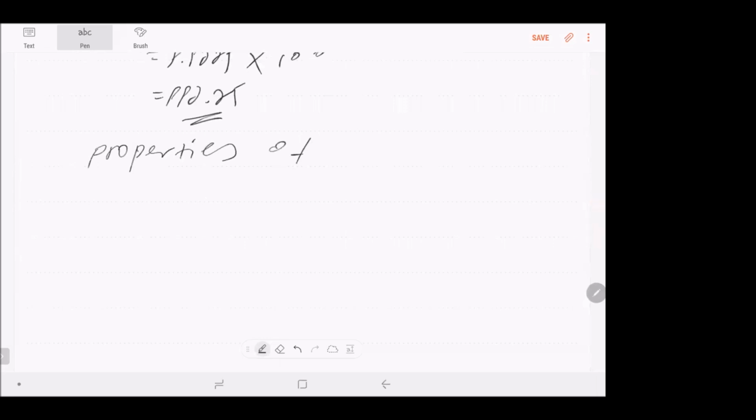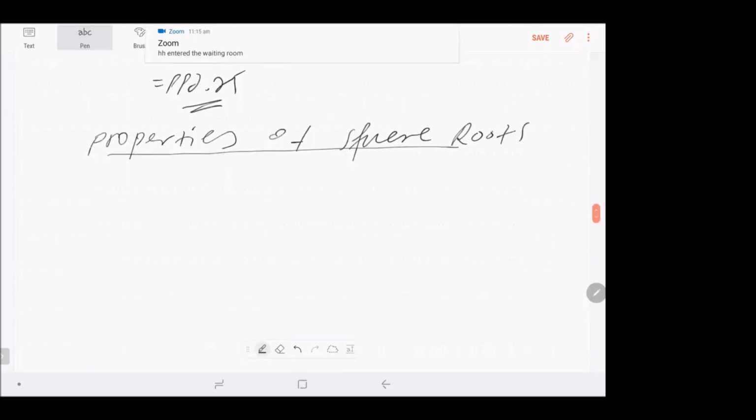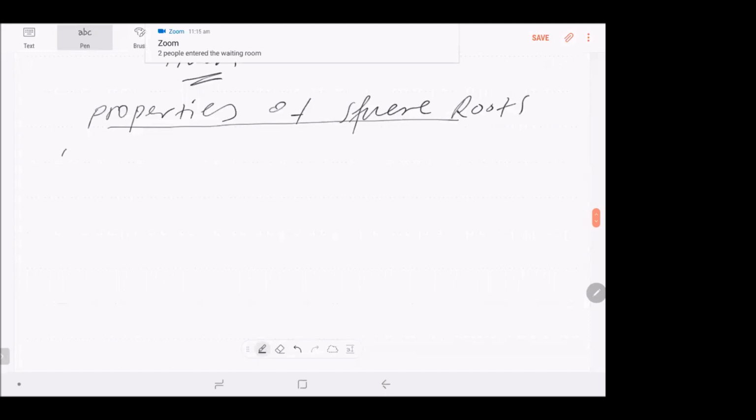Okay. Now the last point for today, let us mention two properties of square roots. Let us take A and B elements of the rational numbers, with A and B greater than or equal to 0.